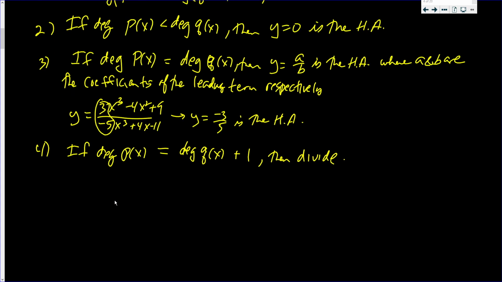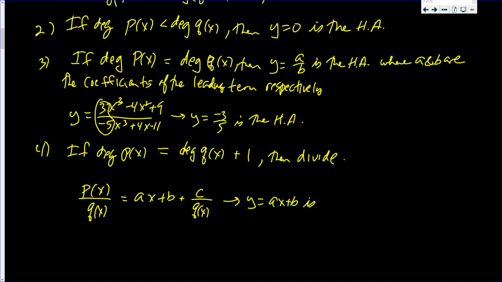So, for example, if you divide p of x over q of x, and the degree of the top is 1 larger, what you are going to get is something in the form of ax plus b plus the remainder, which gets divided by q of x. Y is equal to ax plus b is the horizontal asymptote.